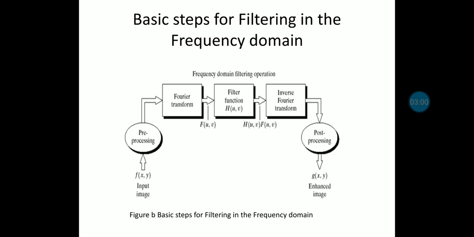The result is passed to the inverse Fourier transform block, wherein we get the inverse discrete Fourier transform of h of u comma v into f of u comma v. So the resultant value will be a spatial domain representation of an output image, which is an enhanced image represented by g of x comma y.